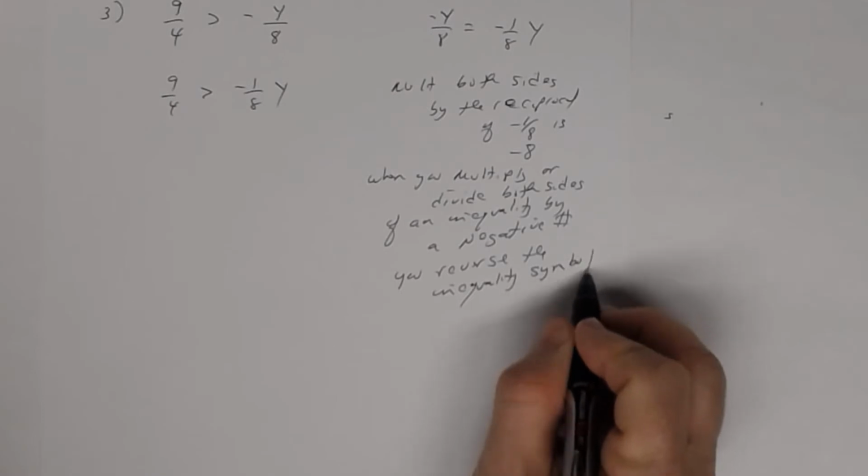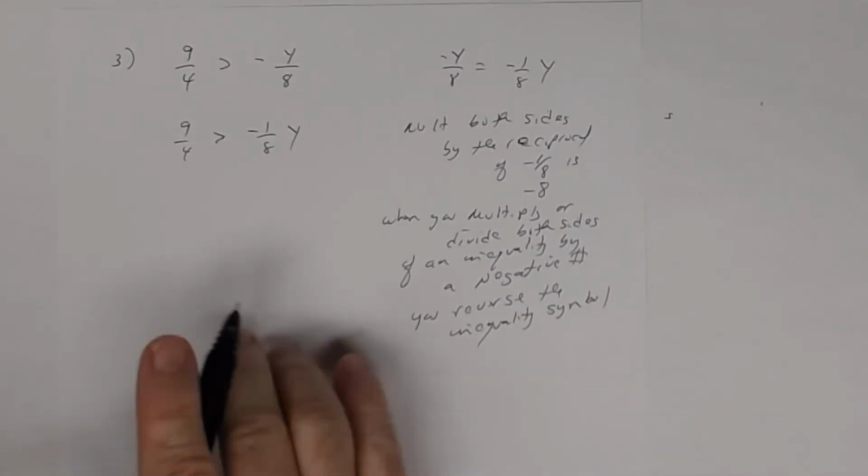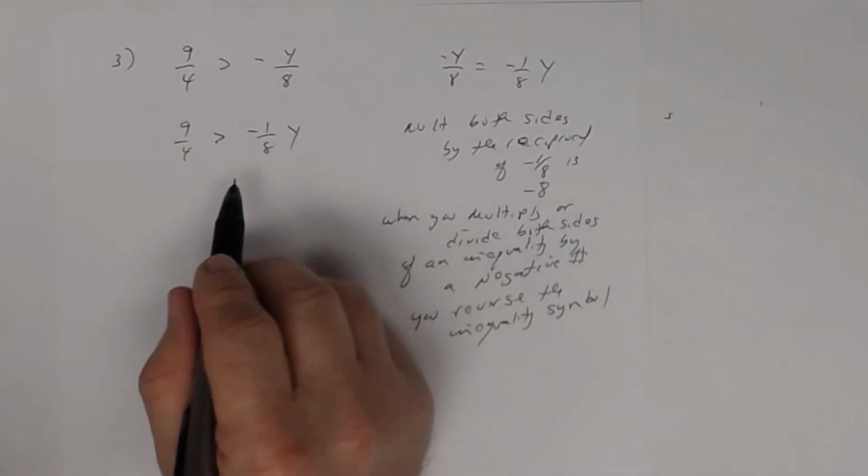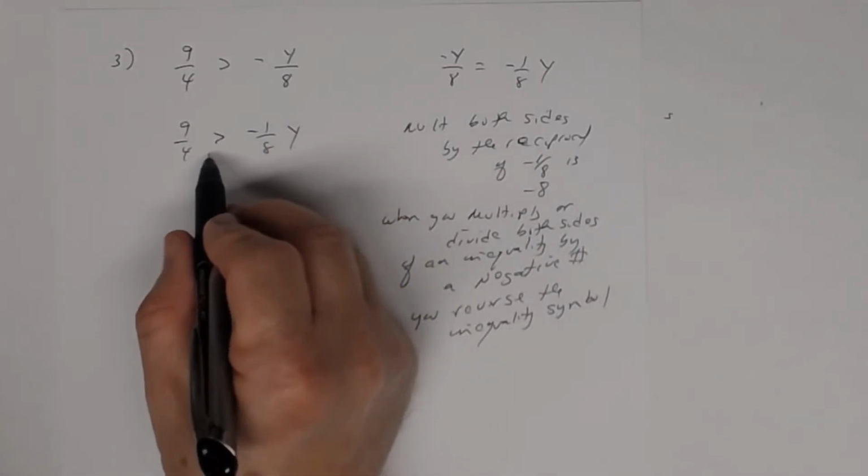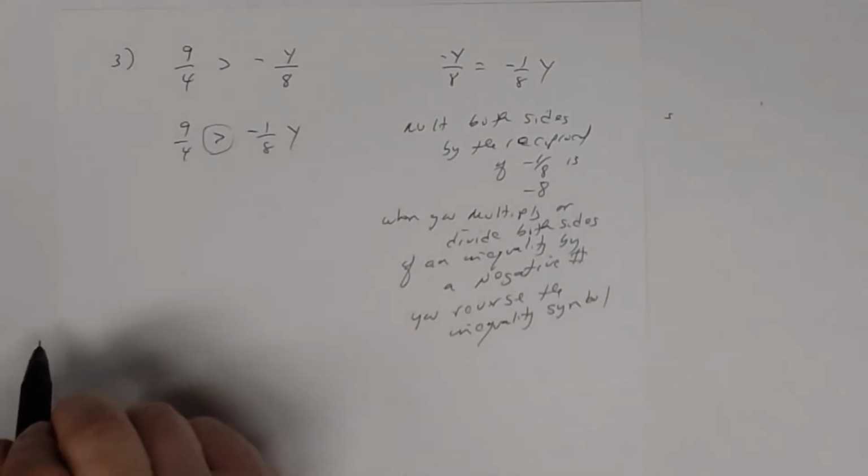That's important to remember. Okay, so I'm going to multiply both sides by negative 8. But when I do that, I got to remember to reverse the symbol, to flip that symbol.